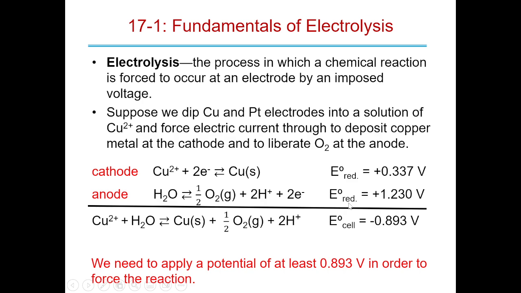Oh, yes, yes. These are reductions. Oh, no problem. Remember, this is the number for the reduction. This would be the oxidation, though. Okay. So they're trying to make this less confusing, but yeah.